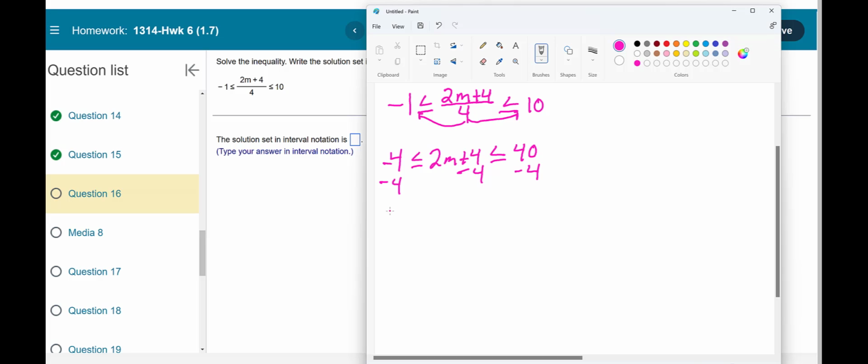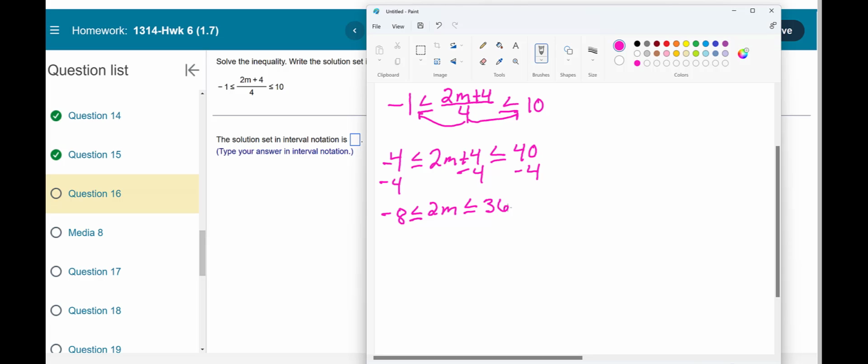That's going to give us -8 is less than 2m, and 2m is less than 36. 40 minus 4, 36.